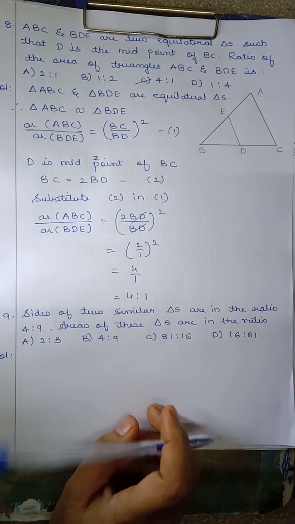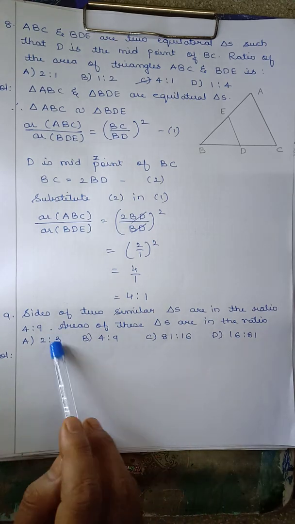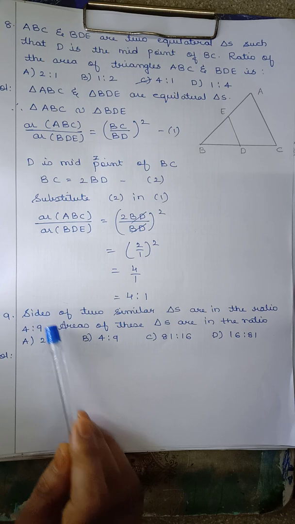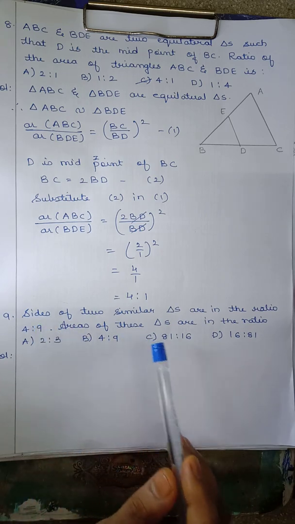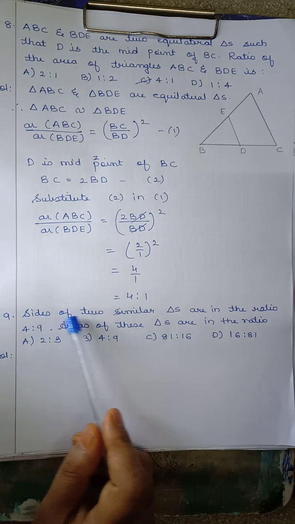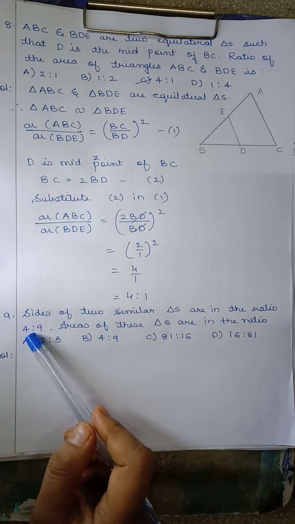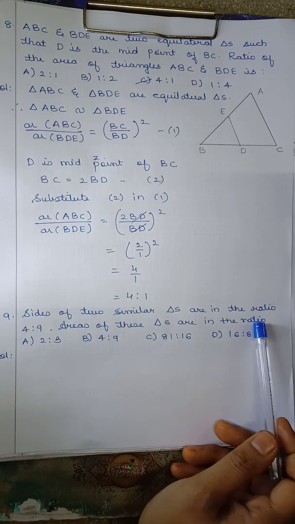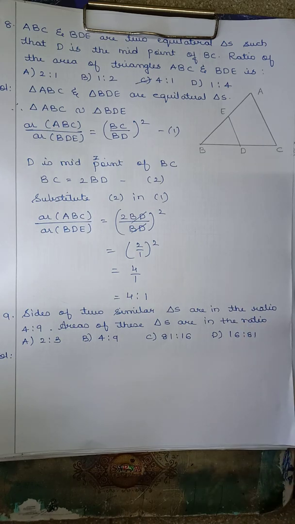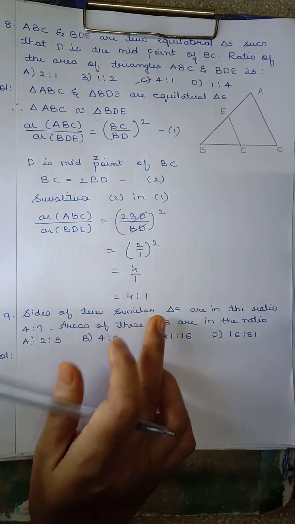Okay, children, now coming to the last question of the exercise, the ninth one. The question is again multiple choice. You have to choose the correct option. The question is: sides of two similar triangles are in the ratio 4:9. Areas of these similar triangles are in the ratio?